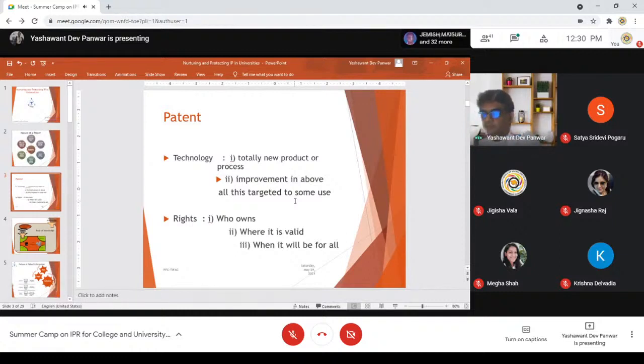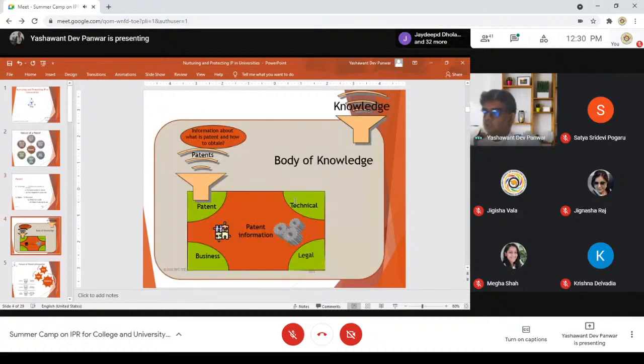So now let's look at this as a whole body of knowledge. At each given point of time, this body of knowledge is receiving a lot of new knowledge in different subject areas, be it history, psychology, economics, or science and technology.